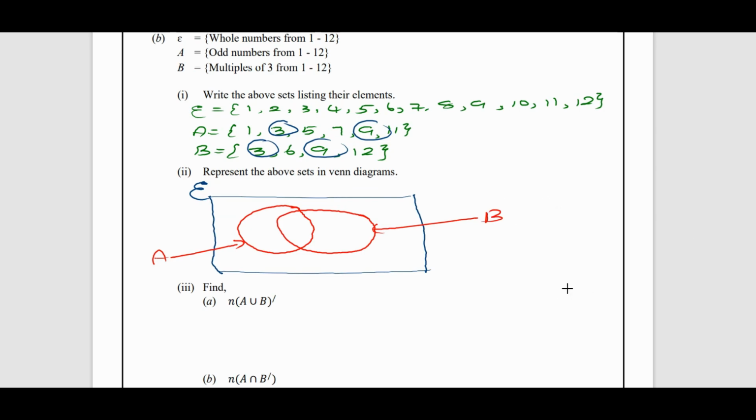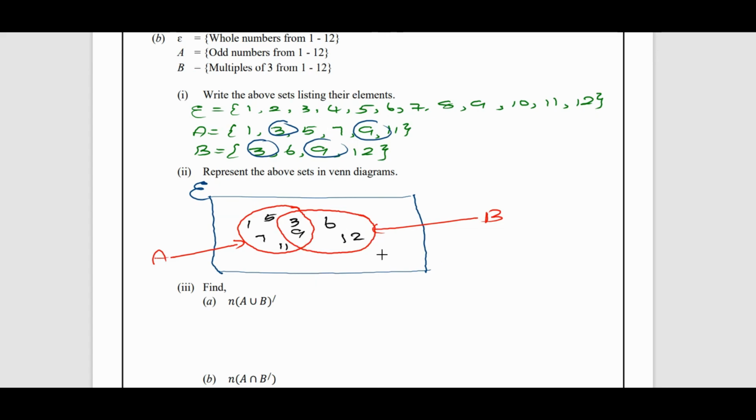And now we will fill in the elements. 3 and 9 are common. Then 3 and 9 should be in the intersecting part. Then 1 here, 5 here, 7 here, 11 here. By considering set B, it will be 6 here and 12 here.